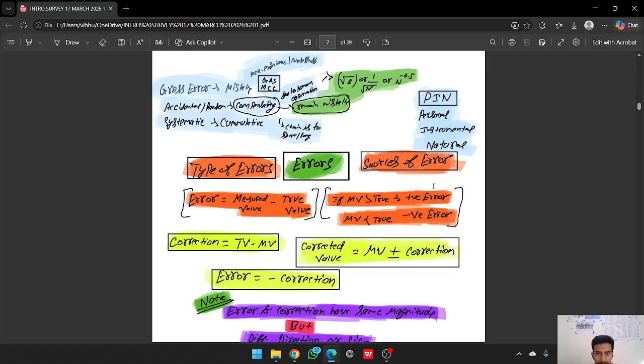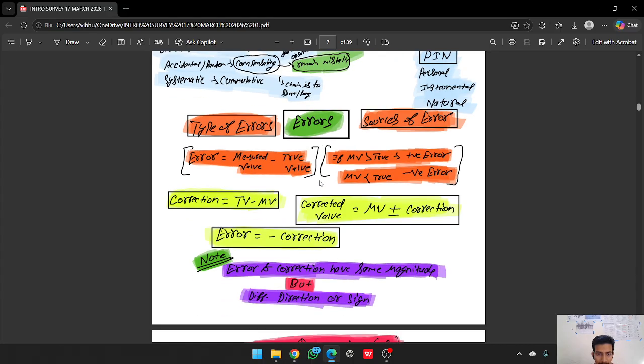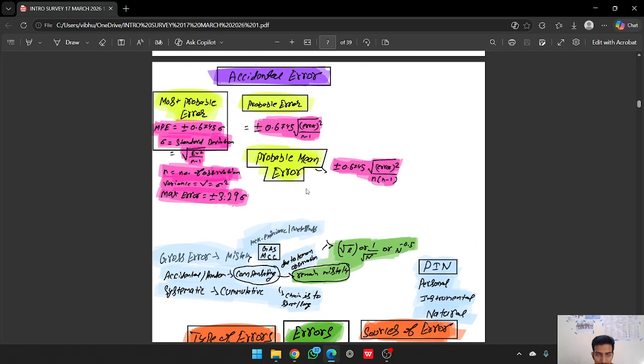This is not that important, but types of error is very important. Like accidental error, most probable error, and probable error.